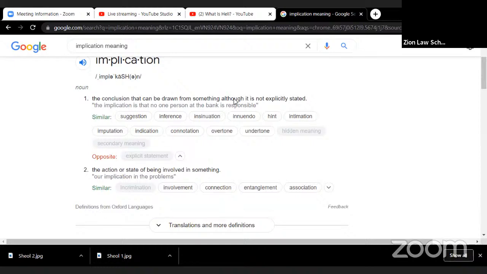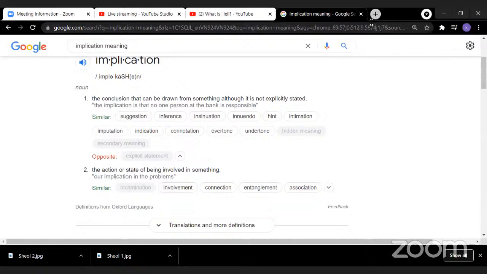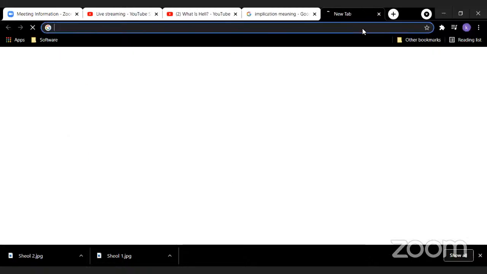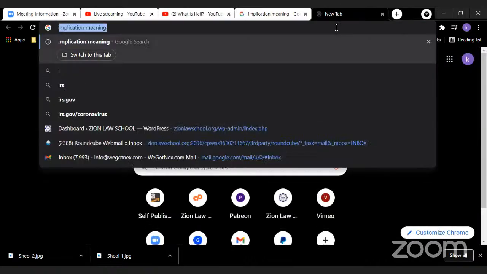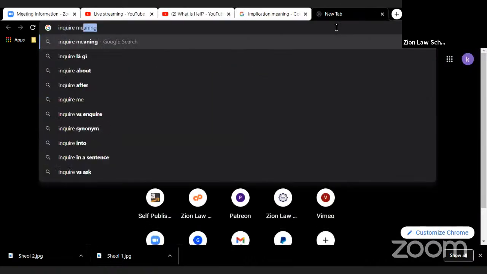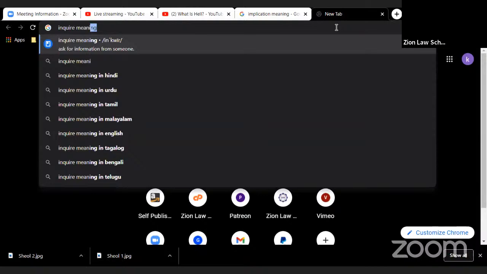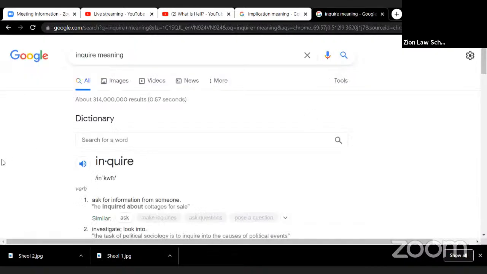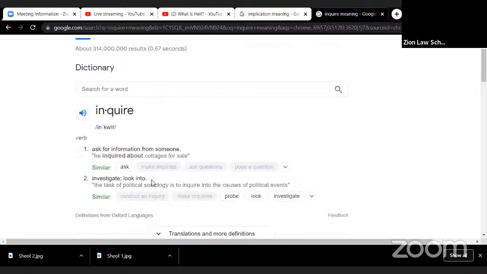Well, let's look up inquire. Are you back, Jediah? Yes. So we're going to walk through step by step. All right, inquire: ask for information from someone. The second definition is investigate, look into.